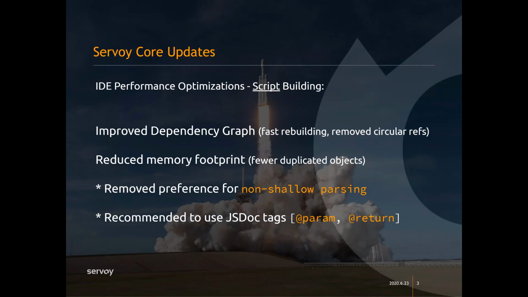Something that you ought to know about this, apart from just the optimization, is there was a preference at one point that we added where you could untick shallow parsing. What that means is if you have a pretty big dependency graph, we only go a few levels deep parsing an individual file, and so that was the default, so that we would only go a few levels deep.